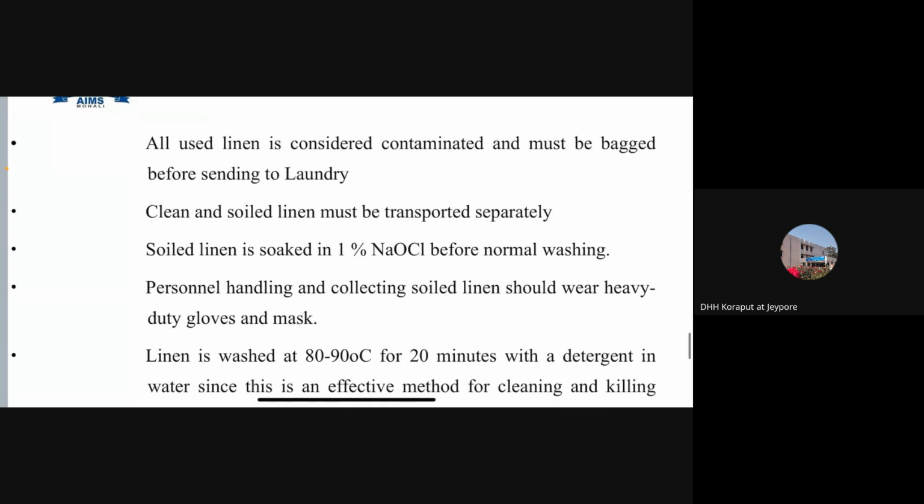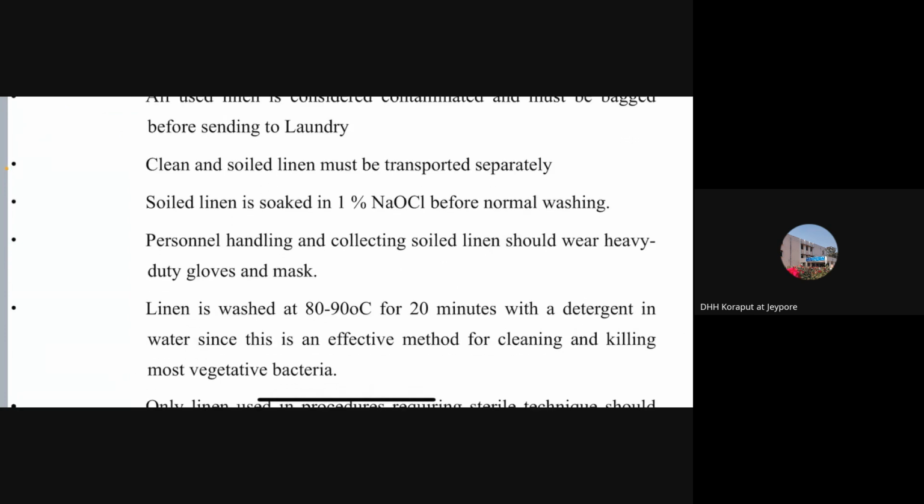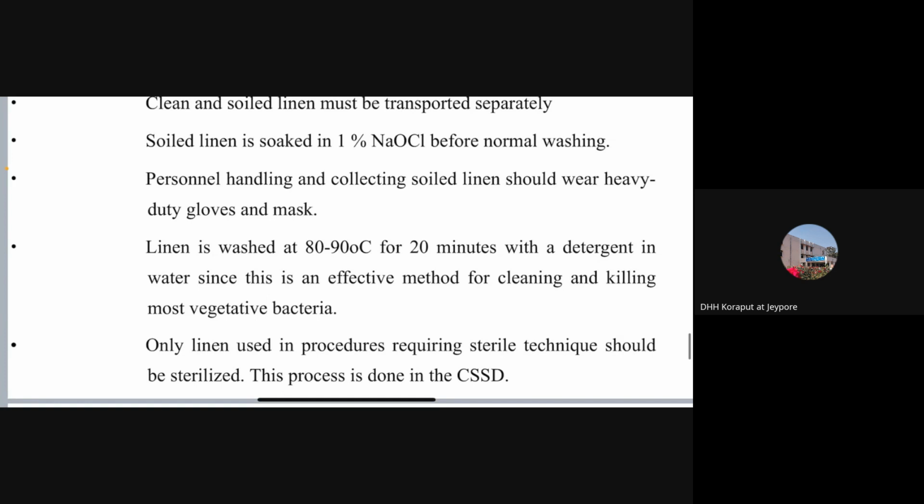Personnel handling and collecting soiled linen should wear heavy duty gloves and a mask. Once it has gone to the laundry, it should be washed at 80 to 90 degrees for 20 minutes with a detergent in water, since this is an effective method for cleaning and killing most vegetative bacteria.